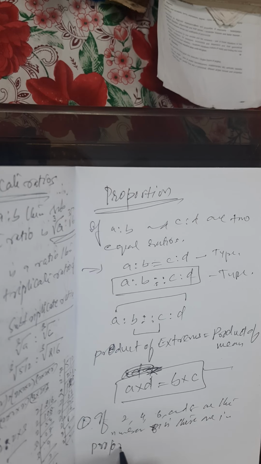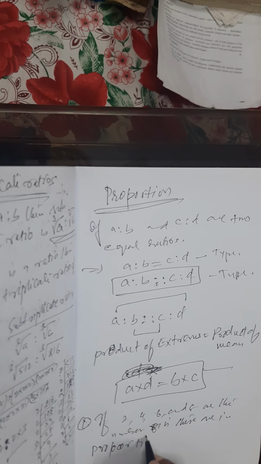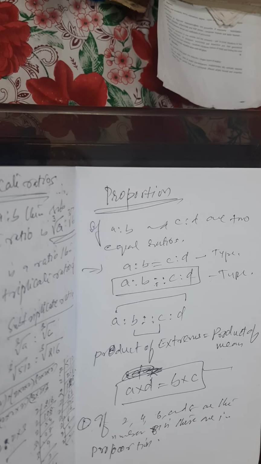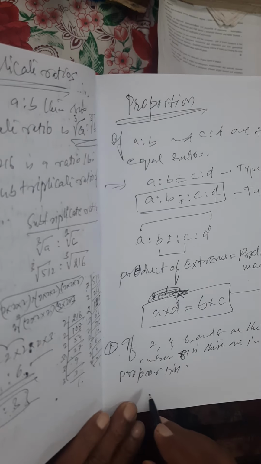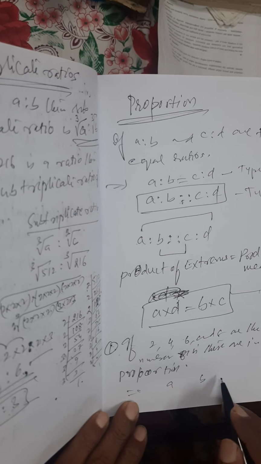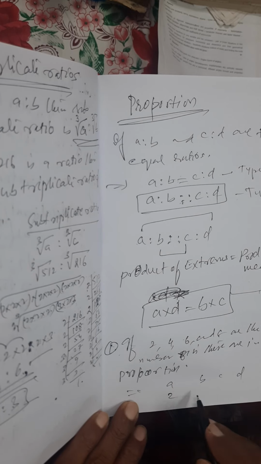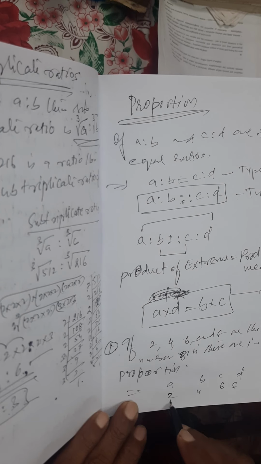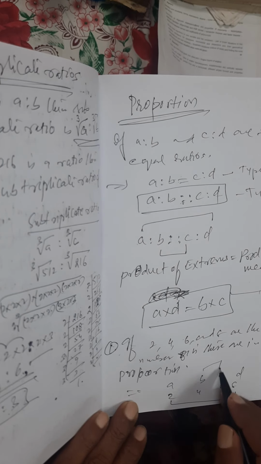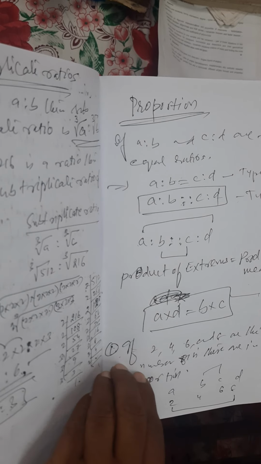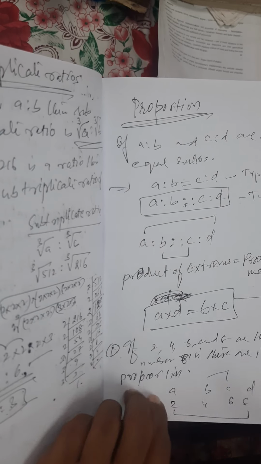What you have to do is take these as A, B, C, D. For proportion, the product of extremes should equal the product of means.